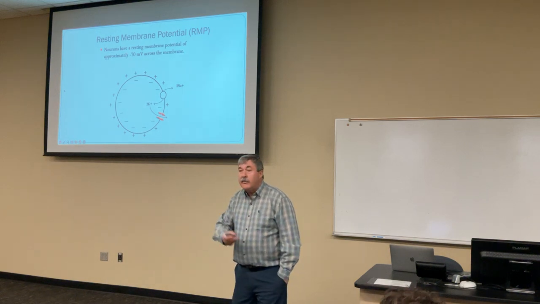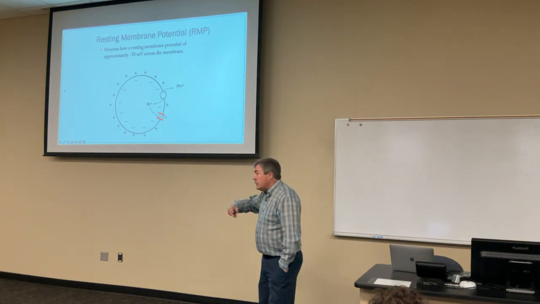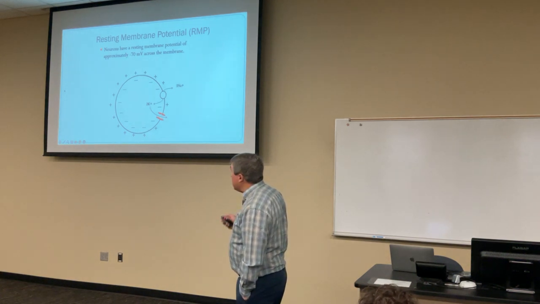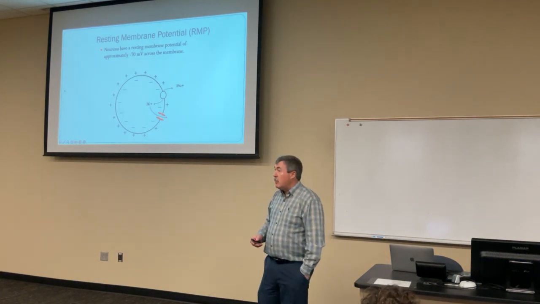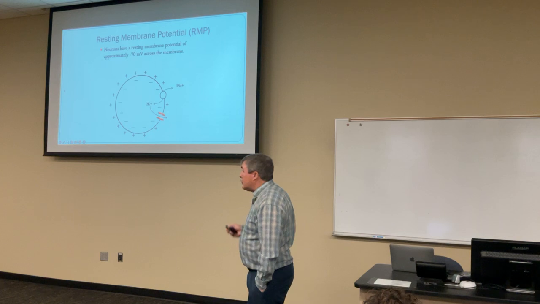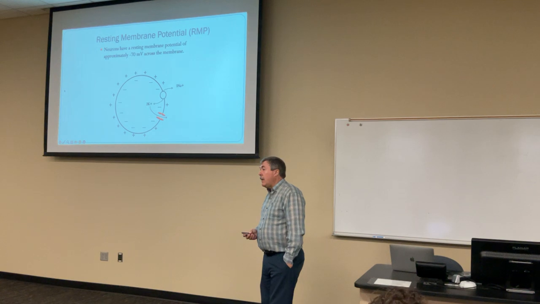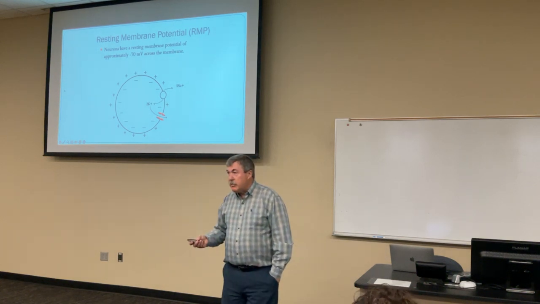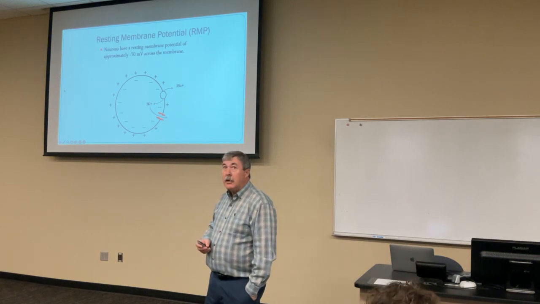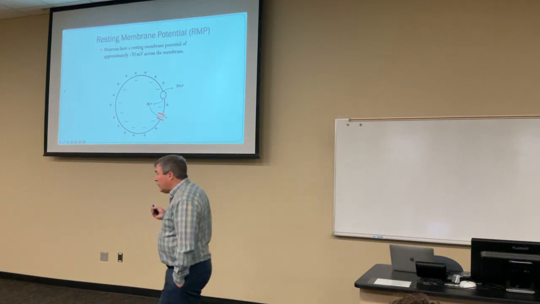So when you factor in all of the different ions that have concentration gradients across the cell membrane, neurons have a resting membrane potential of about minus 70 millivolts. And that membrane potential is what makes neural impulses possible. You have to have a cell that's at its resting membrane potential in order for that neuron to produce a neural impulse.